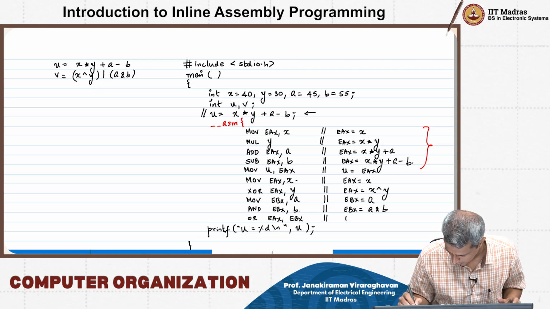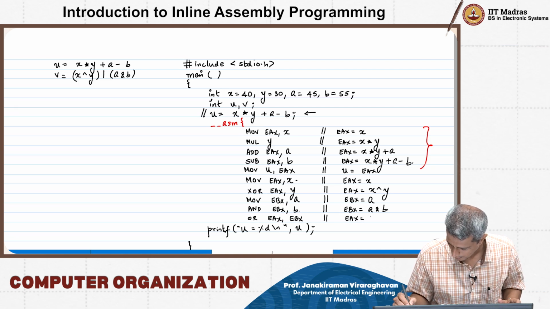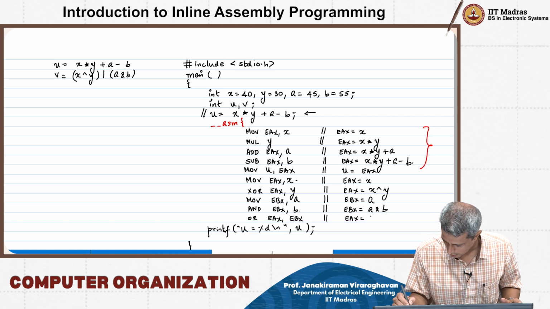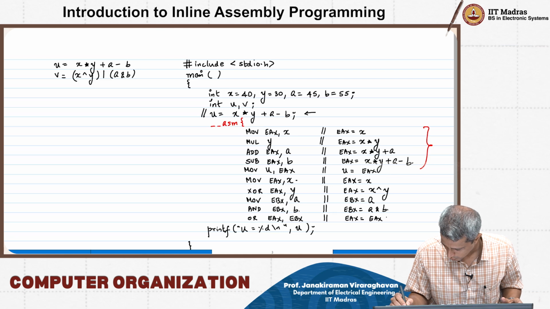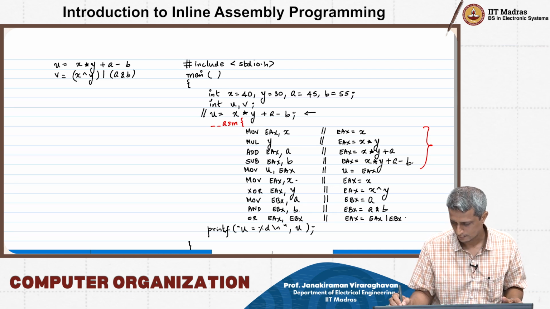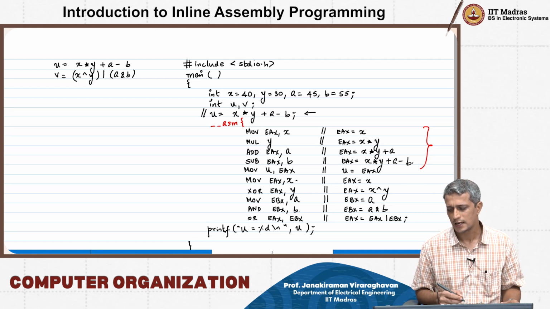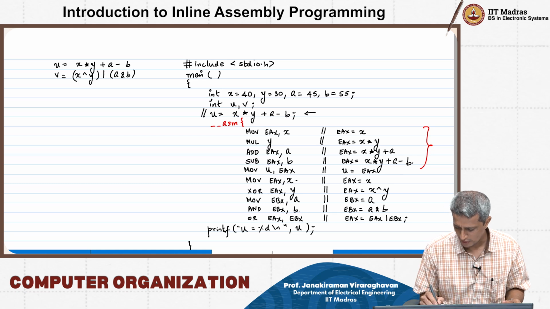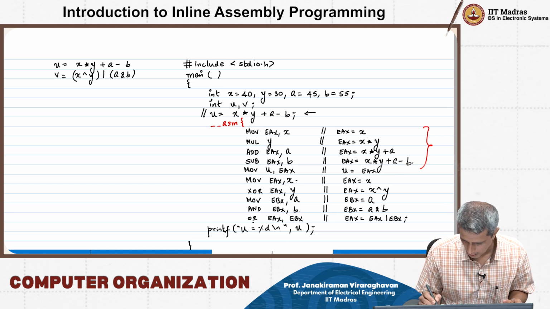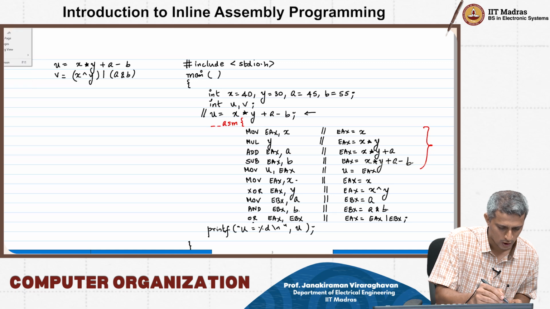So EAX will be the OR of EAX and EBX. Now of course I have not put this answer back into U, for which maybe I have to move this code a little up.